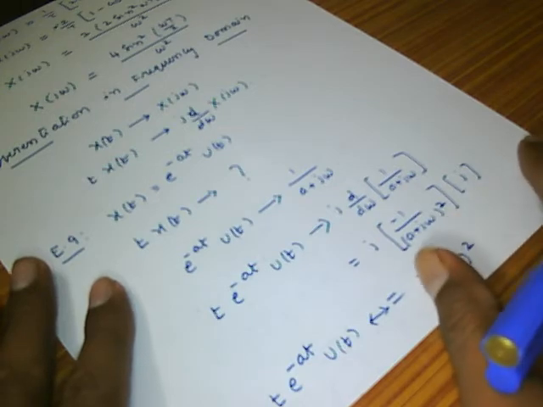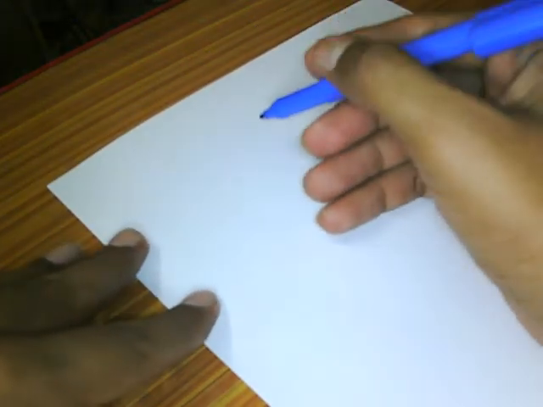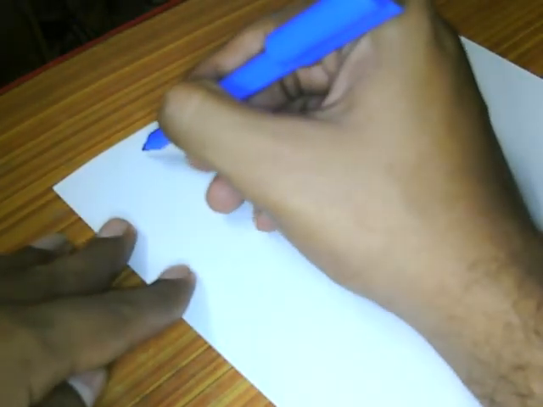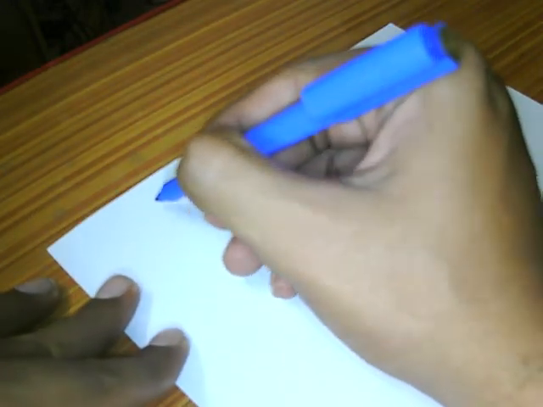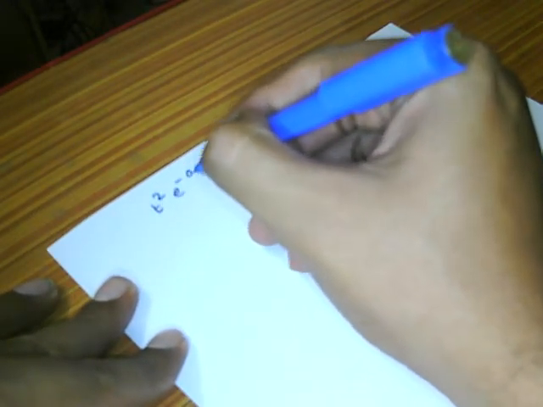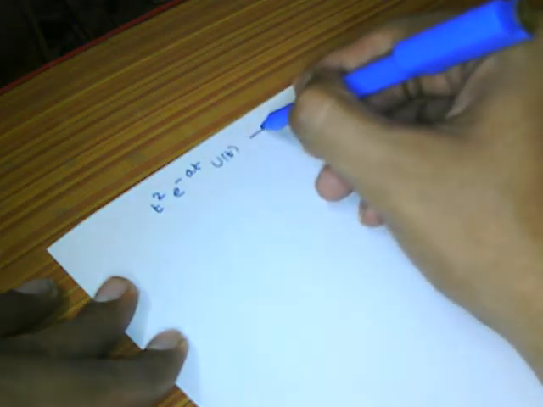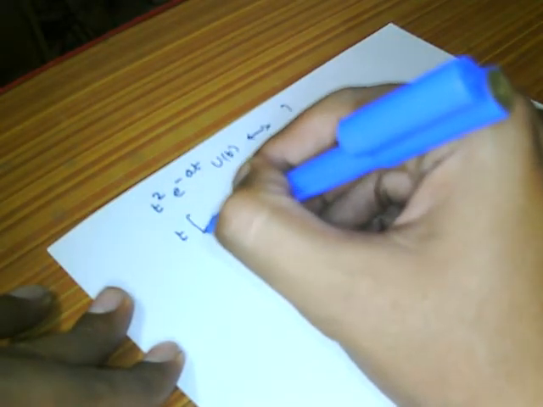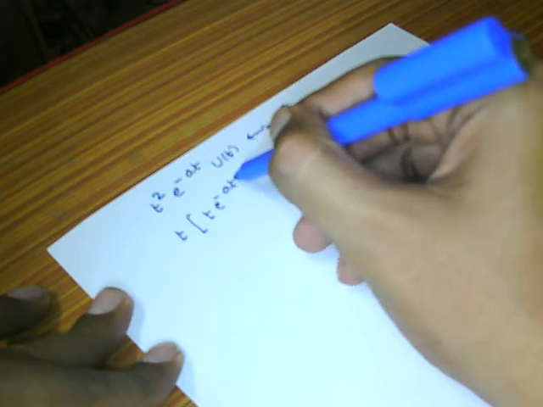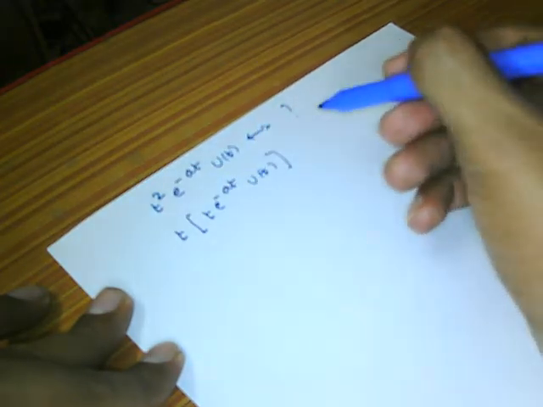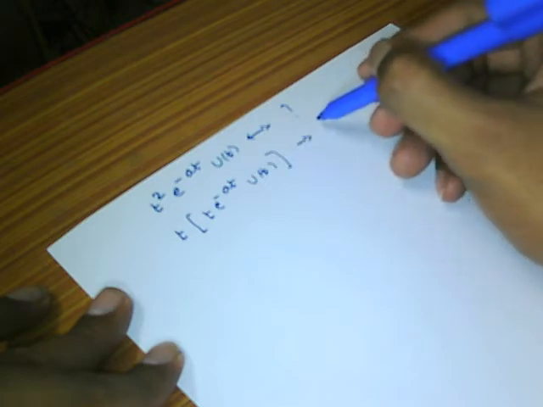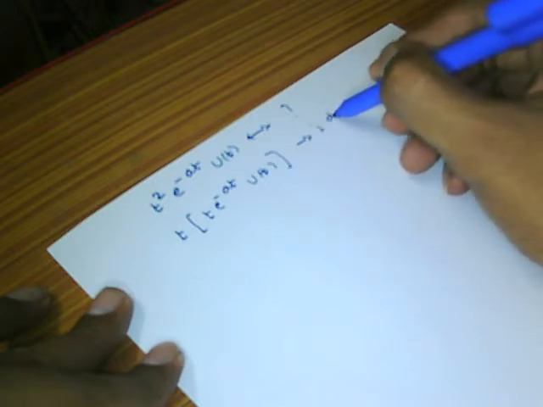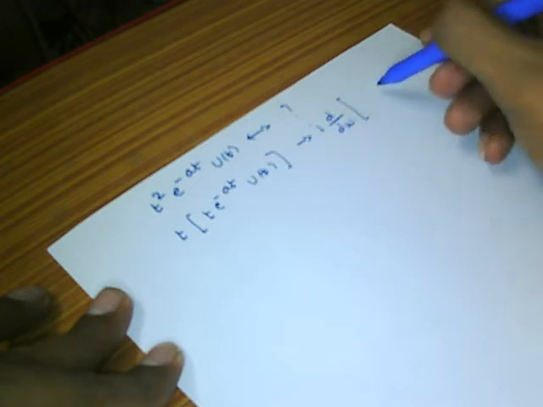So let us extend this result. Like I want to find the Fourier transform of, let us say, t square into e power minus at u of t. This can be written as t into e power minus at into u of t. So obviously we will have what as Fourier transform? j into d by d omega of, correct.